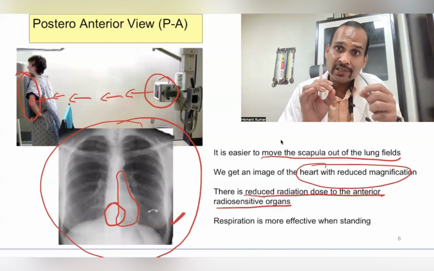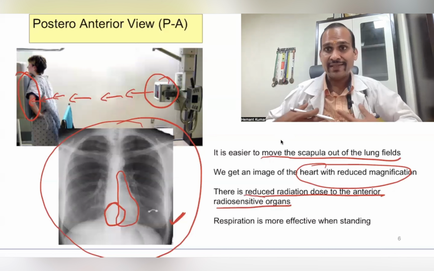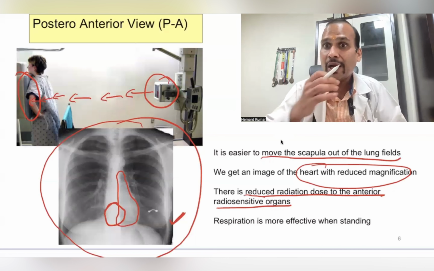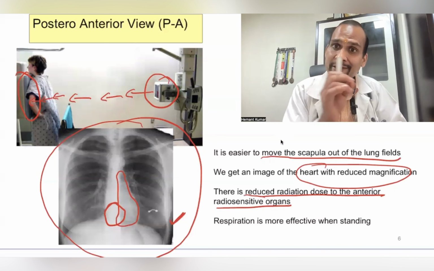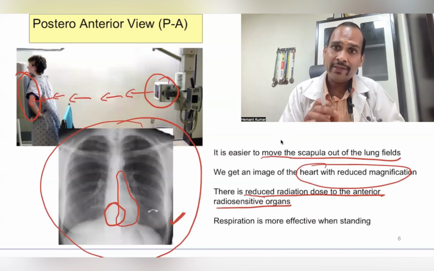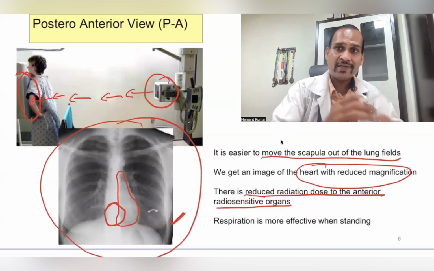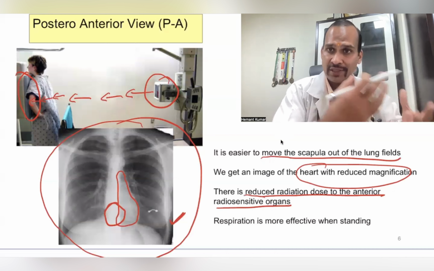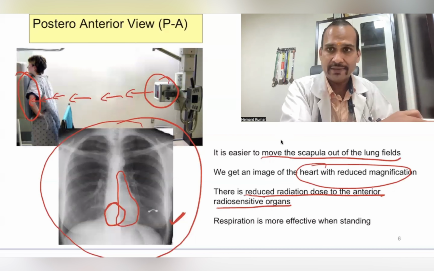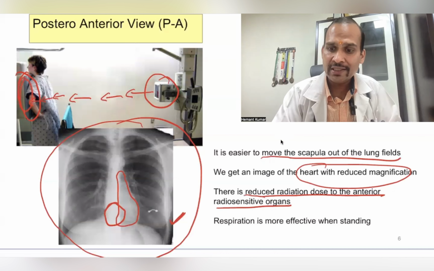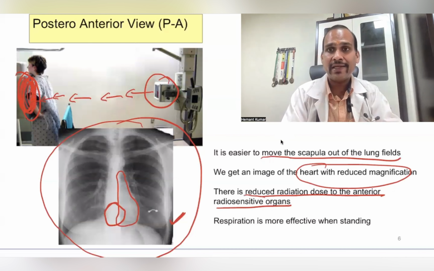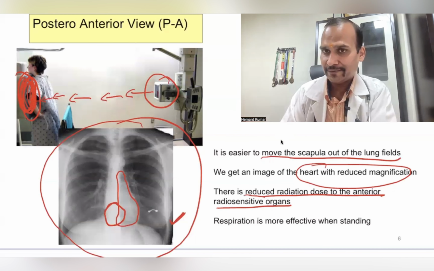What are the radiosensitive organs on the anterior side? The heart and aorta. These are radiosensitive organs. When we are taking PA view, rays come first from the posterior side, then the anterior side. So whatever organ is on the anterior side will get less radiation as compared to the posterior side.